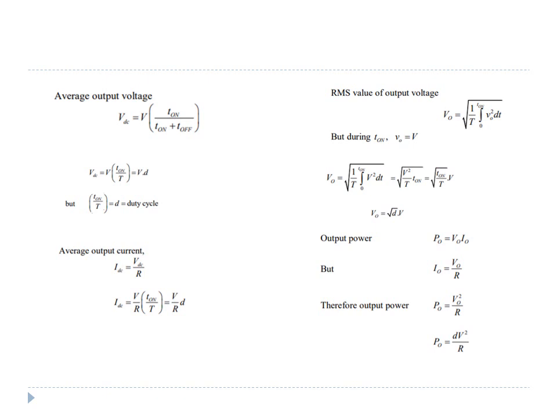If we note the RMS value of output voltage and RMS value of output current, which will be equal to RMS value of output voltage upon R, the power is equal to V naught square upon R, where V naught is equal to square root of D into V, which comes out to be D V square upon R.